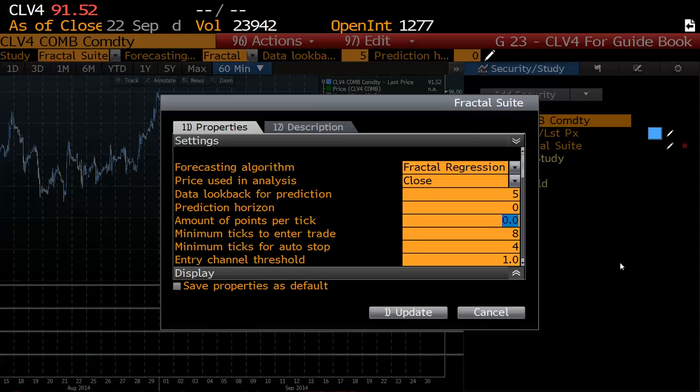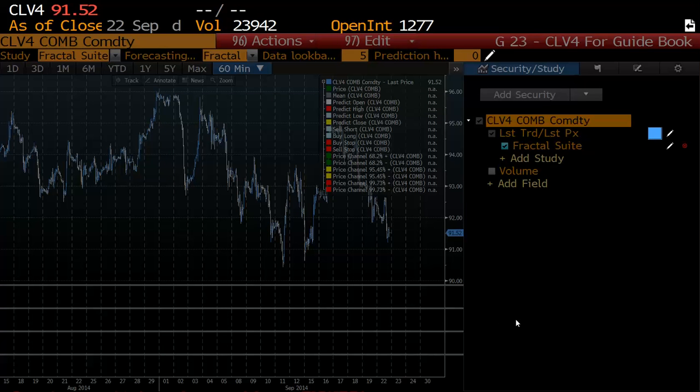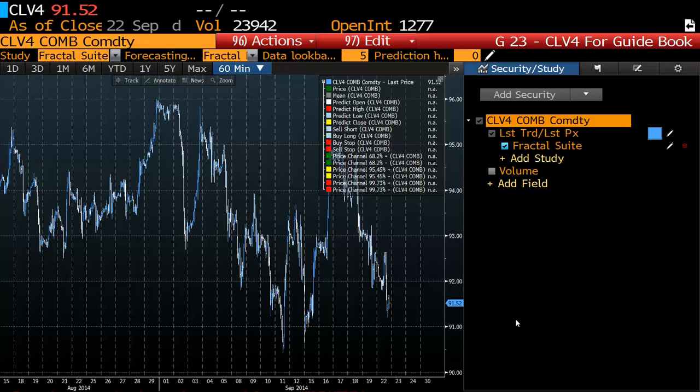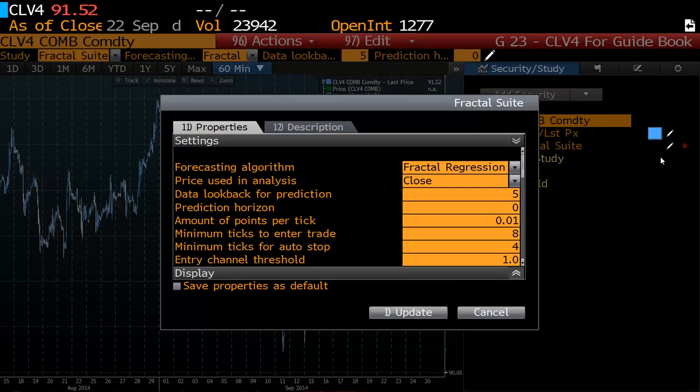In this case, because we're trading crude, we know that the minimum tick value is going to be 0.01. So we enter that in, update, and now we know that one of the most important key inputs has been entered into the suite. So I go back just to double check. Amount of points per tick, 0.01.